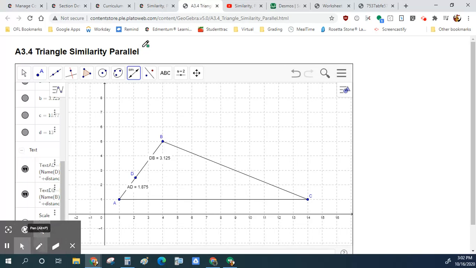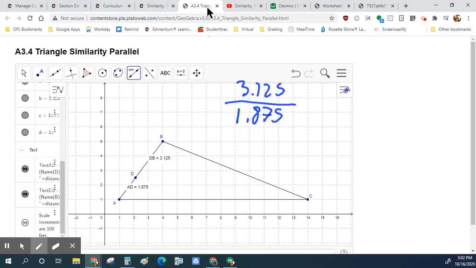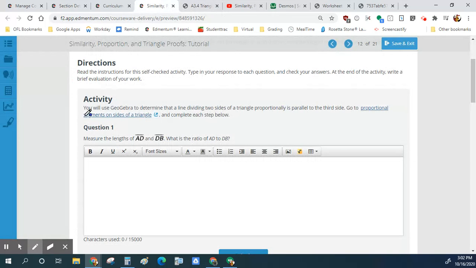And I'm wondering if these drawing tools are a lot better than my drawing tools from before. Let's see. It should be, because I don't think they're connected. Yes, they are. I just need to pick better colors. 1.857, and I'm going to do the big one on top. So let's grab a calculator and calculate this out.